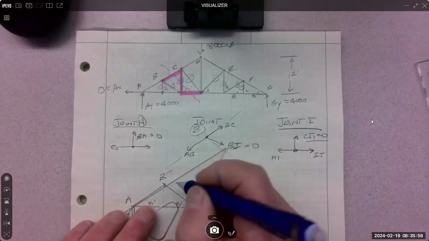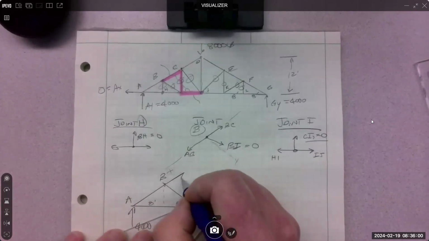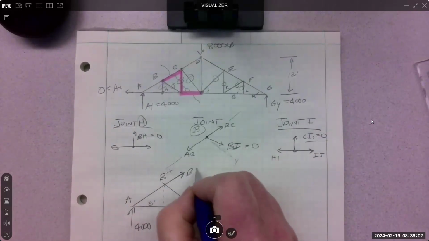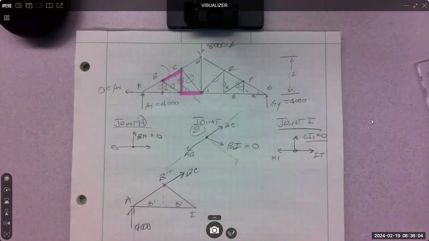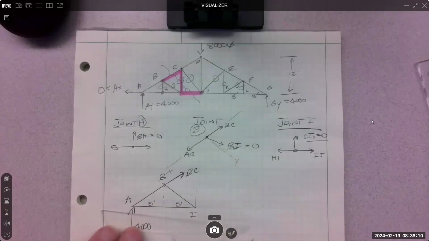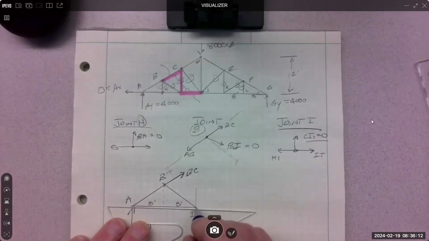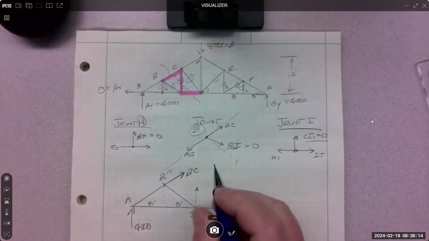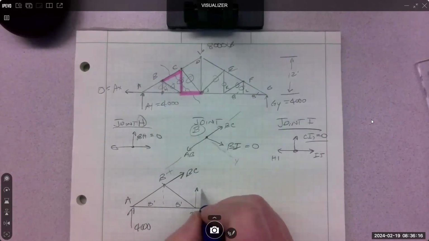Then I have this one in line going up, and that's BC. This one, which is 0, so I'm not even going to draw it. But if I didn't know it was 0, it would go in like that, and that is CI.